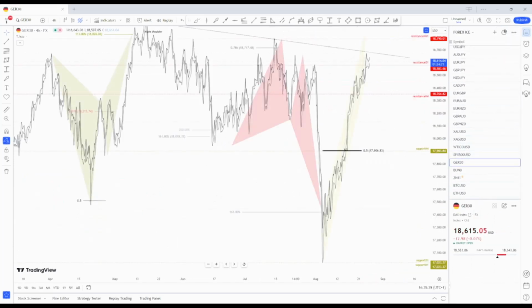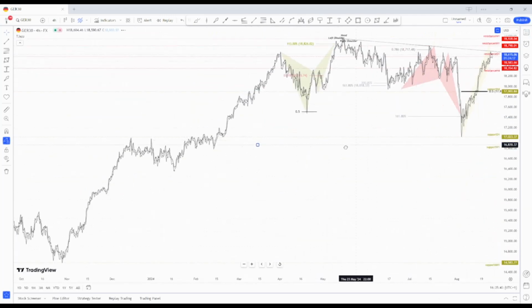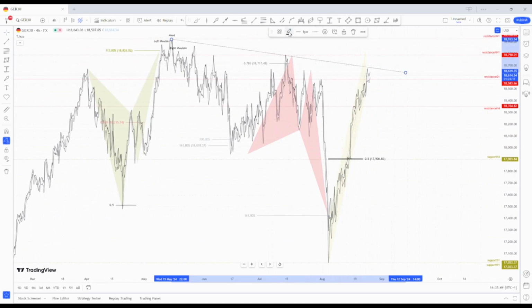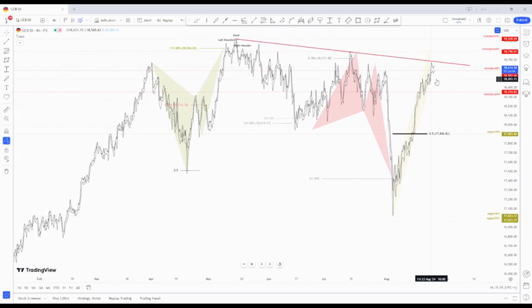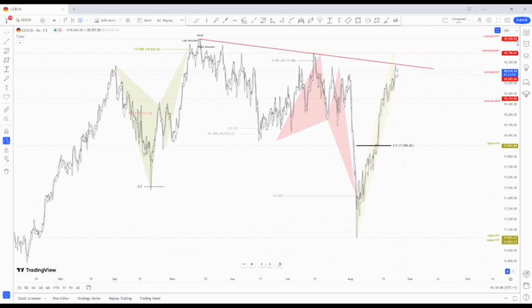The German DAX also approaching major resistance level, specifically a descending trend line resistance approaching from above, also for the German index. So let's see how the market reacts. I will expect at least a period of consolidation or move sideways after this fast V-shape recovery.